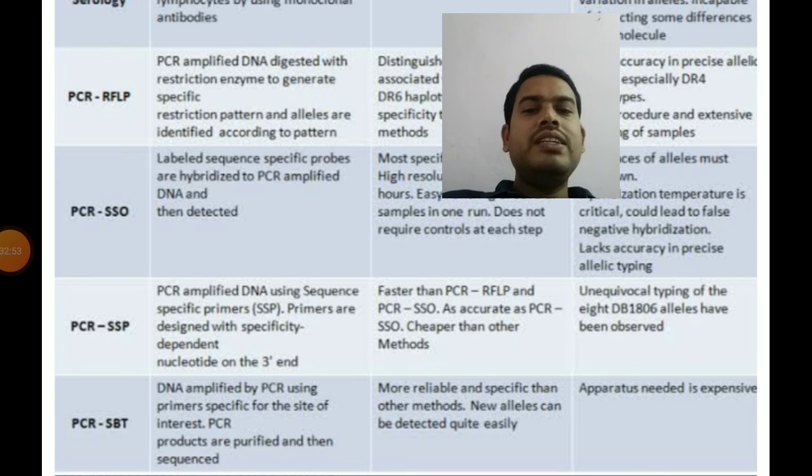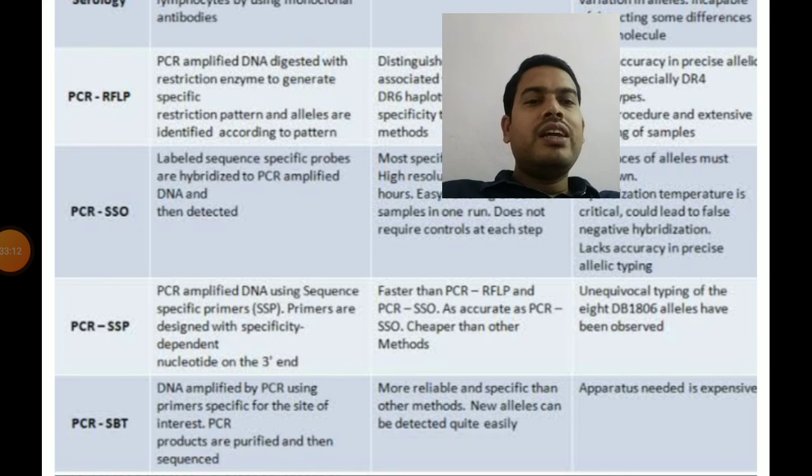The right method is PCR SBT, sequence based typing. In sequence based typing, DNA is amplified by PCR using specific primers for the site of interest. Whatever site you need, for example, if you find a particular allele is involved in a specific organ, like DRB1*08 is involved in kidney transplantation, you can specifically amplify that region only using PCR SBT.